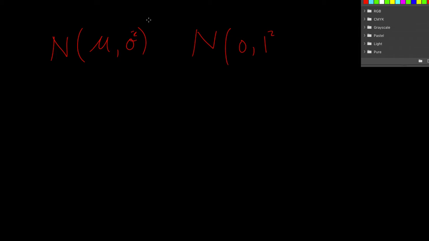So basically the mean is 0 and the standard deviation is 1.